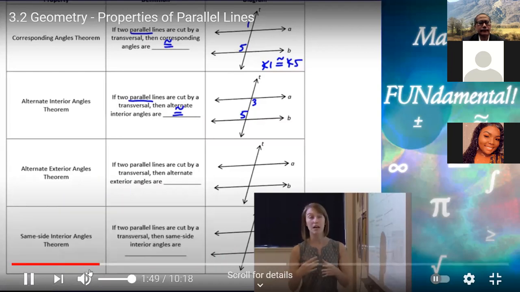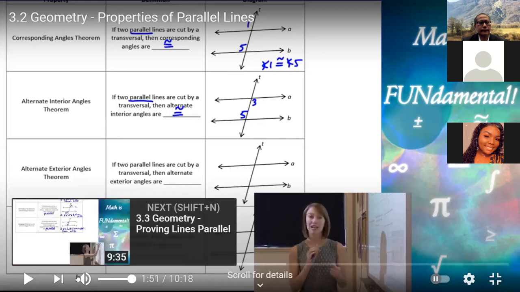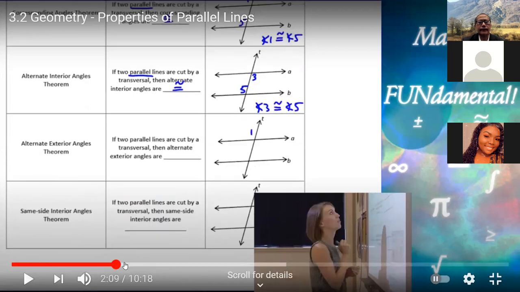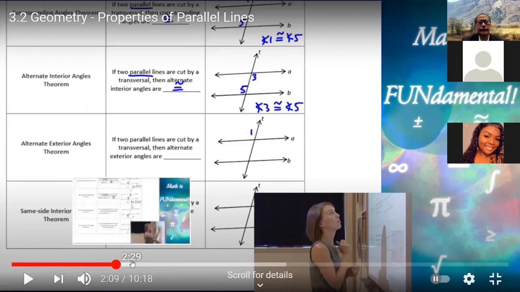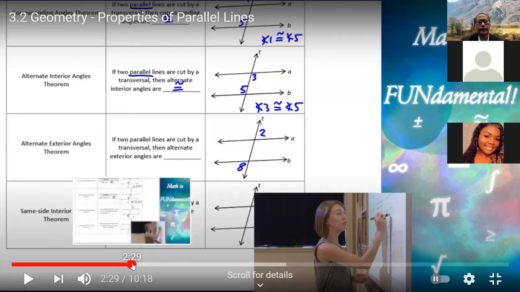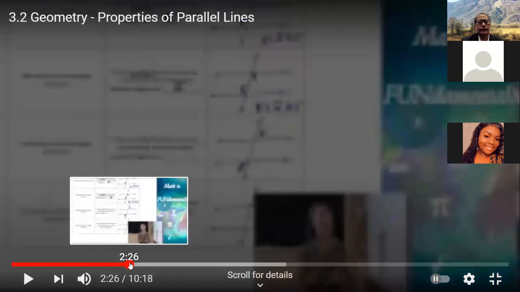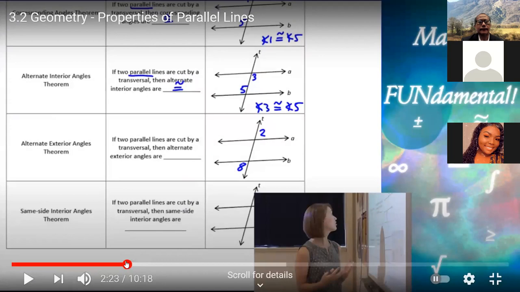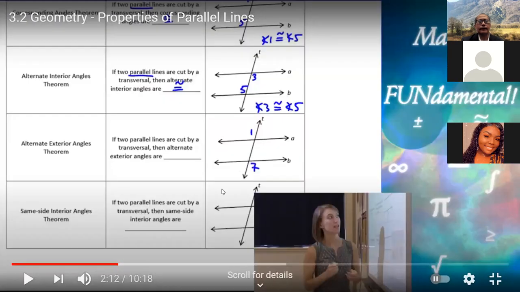Alternate exterior will be this one, and also this one.